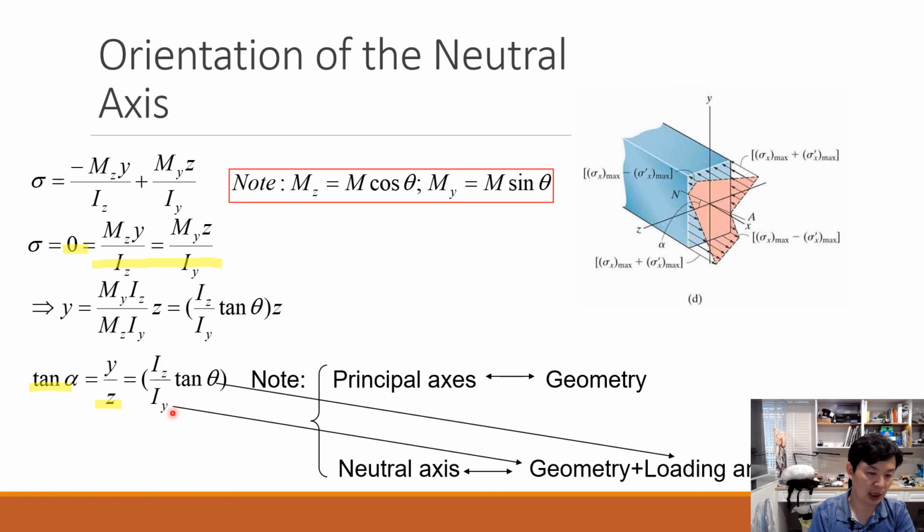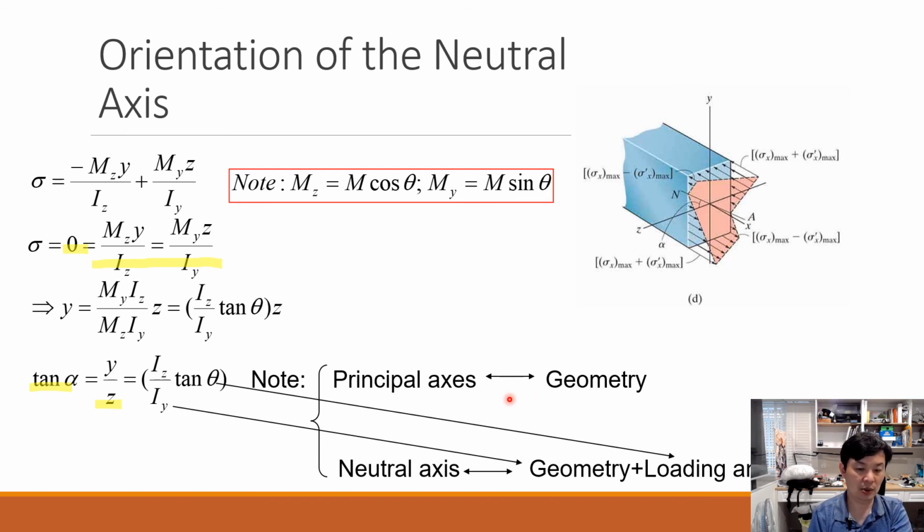The iz and iy are determined by your geometry, because they all come from, for example in this case, the combination of b and h. Different values give you a different ratio of iz and iy. So the neutral axis is determined by geometry plus your loading angle. Your principal axis is totally determined by your cross-section shape, so it is determined by your geometry.